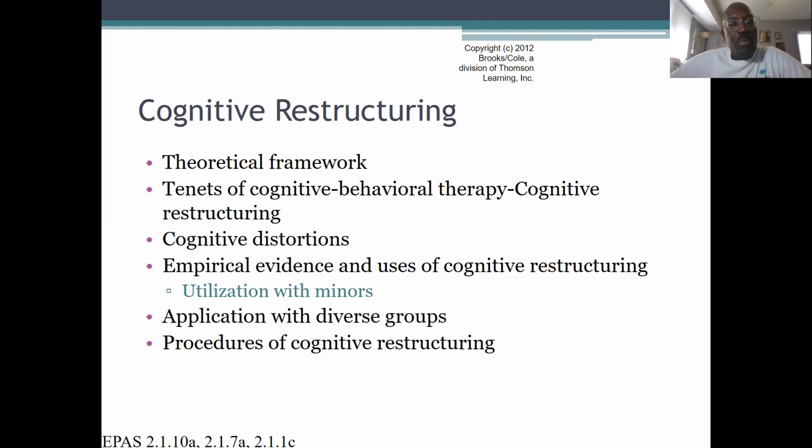If we can help people understand the connection between their thoughts and how they behave, then we can start to restructure that into a way that has more positive outcomes for the clients experiencing these types of issues. There's a lot of empirical data. It tends to work across diverse groups, and there are some specific processes.